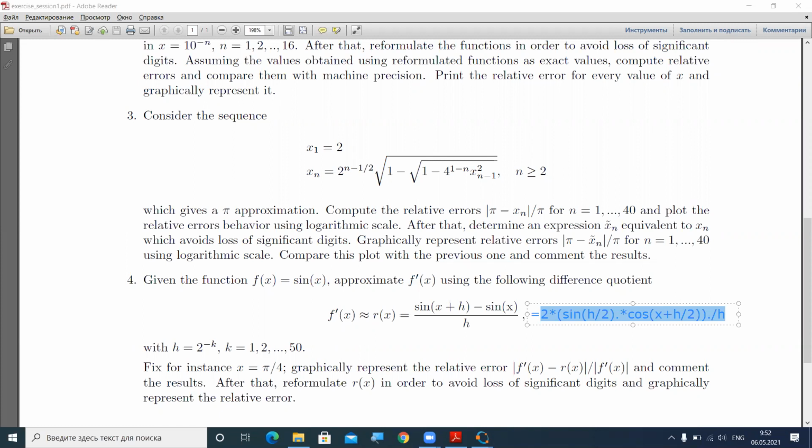So here you can see x plus h. It was 2 times sine of (alpha minus beta) over 2, and cosine of (alpha plus beta) over 2. Is it clear now? Yes. Okay, let's continue.